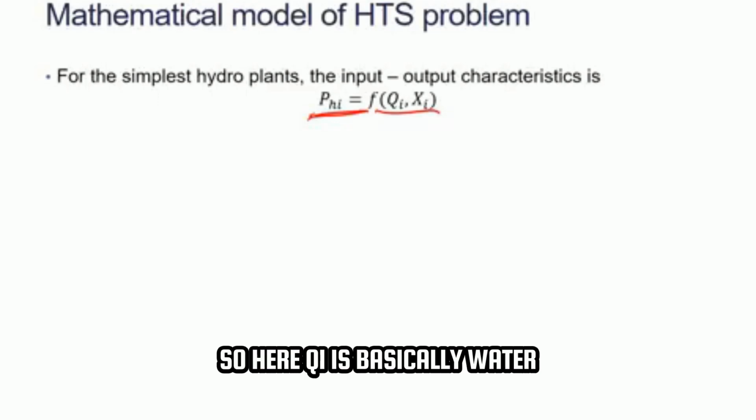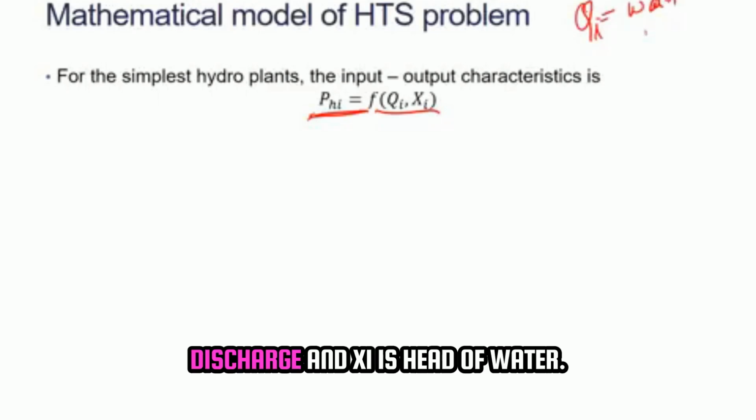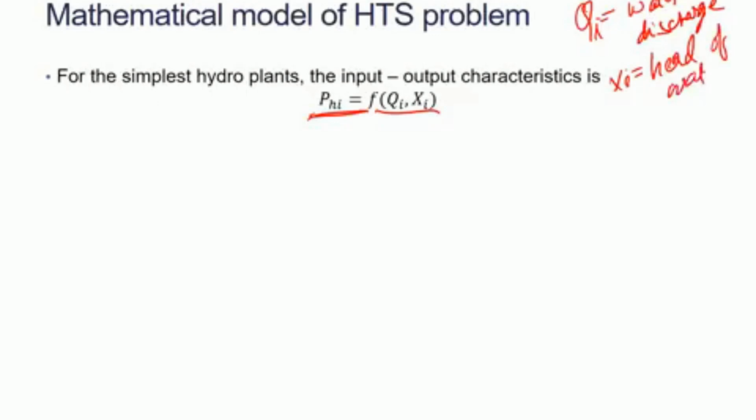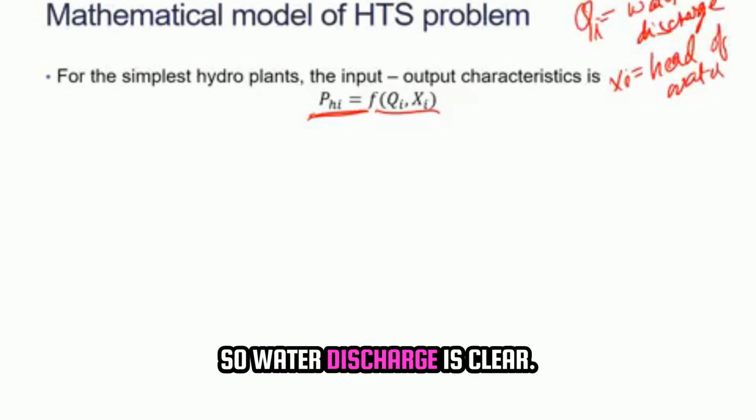Here Qi is basically the water discharge, and Xi is the head of water. So water discharge is clear.